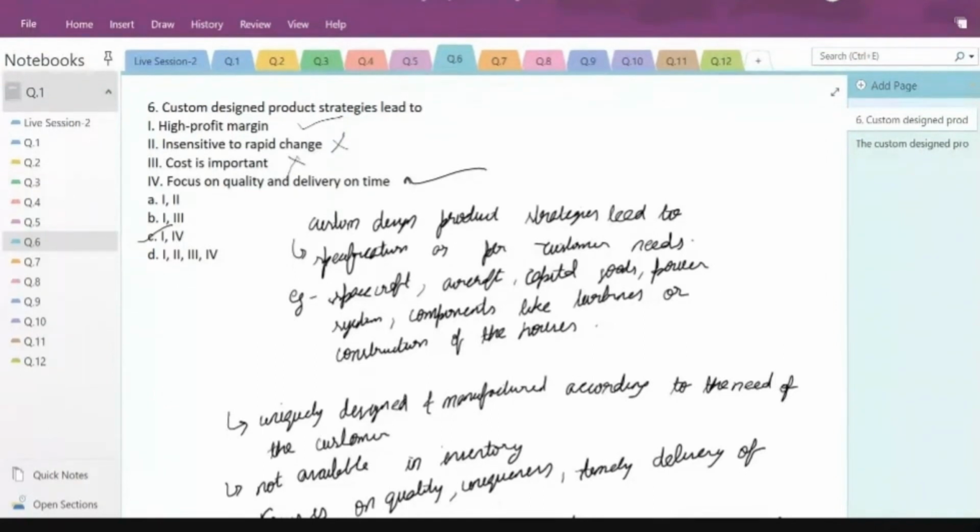Let's take the example of a mobile phone. Every one or two months we get new designs, new features, and new specifications, so it is very sensitive to changing design, with respect to the customer or industry-specific needs. Okay, let's move on to the next question.